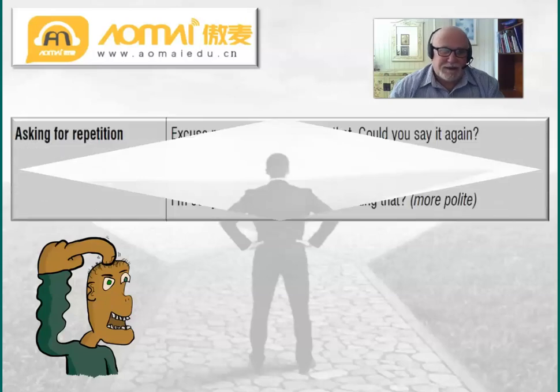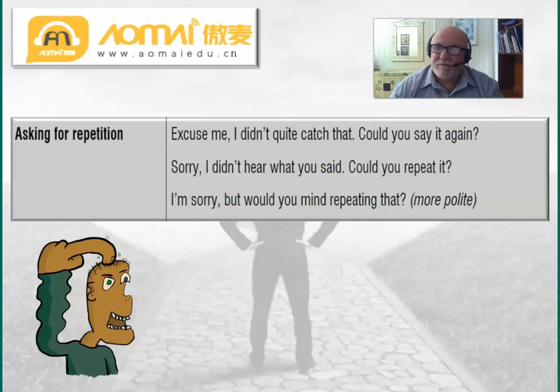So, let's think. We could ask for repetition. It might be that we just didn't quite hear what the examiner said. Some examiners mumble a little bit, don't they? So we can ask the examiner to repeat the question. The examiner might say, "Can you tell me a little bit about that?"